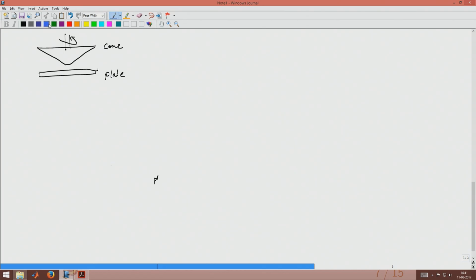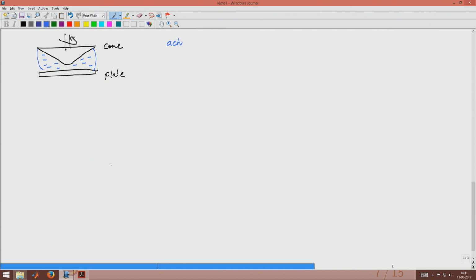So, we have a cone and we have a plate, and the fluid of interest is taken in the gap. This is where we take the fluid of interest, which could be, let us say, ink, paint, a polymer melt, a paste, whatever material is of interest.